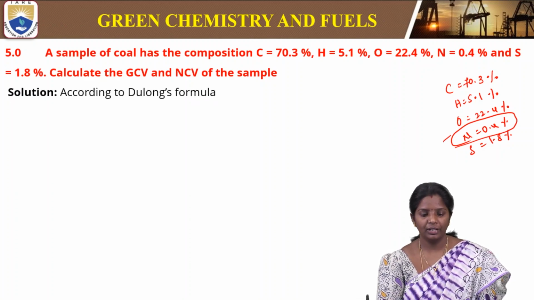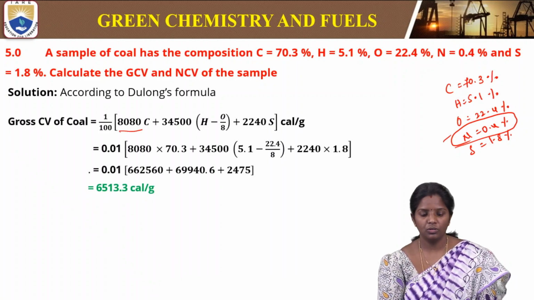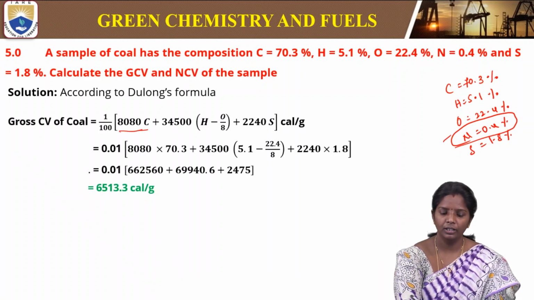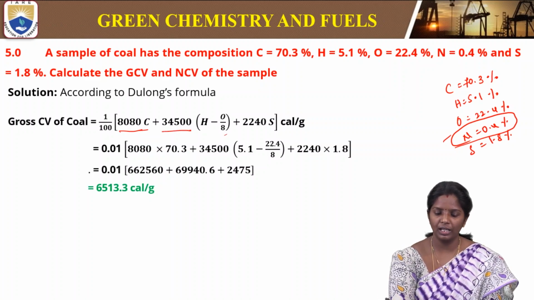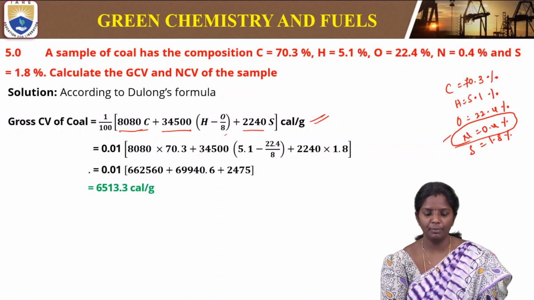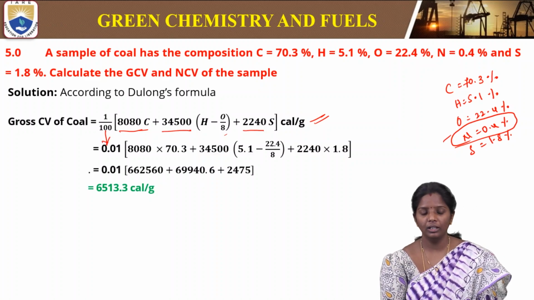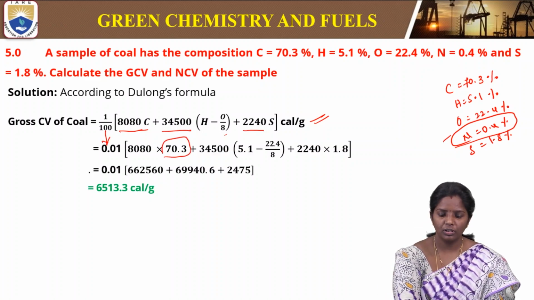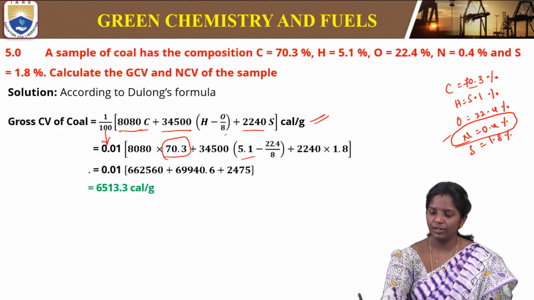So the calorific value, according to Dulong's formula, 8080 carbon plus 34,500 taken in bracket hydrogen minus oxygen by 8 plus 2240 sulfur. So we are reporting in calories per gram here. So this is nothing but we can write as 0.01, and now substitute the carbon value here 70.3, the hydrogen is 5.1, and the oxygen is 22.4.